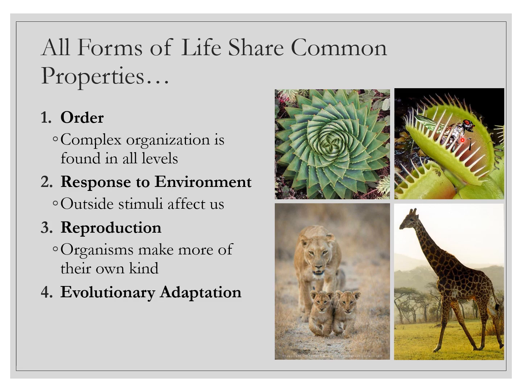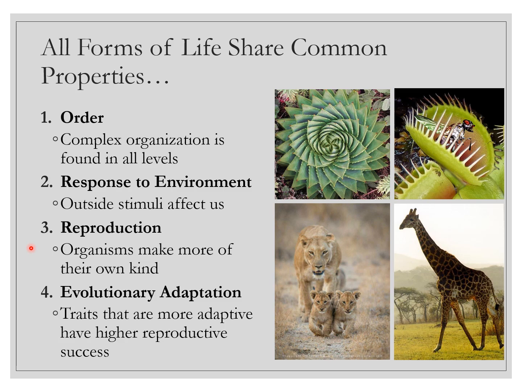Reproduction, right? Organisms make more of their own kind. That's really the purpose of most life, to pass on the genetic information to generations to come, okay? And evolutionary adaptation, right?